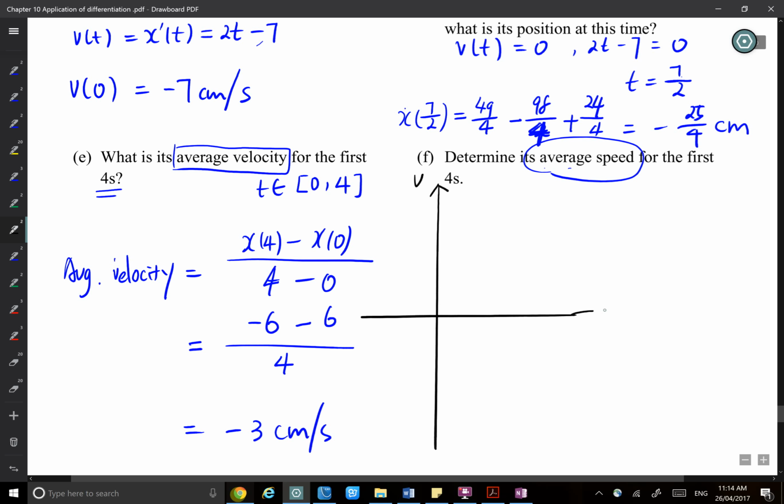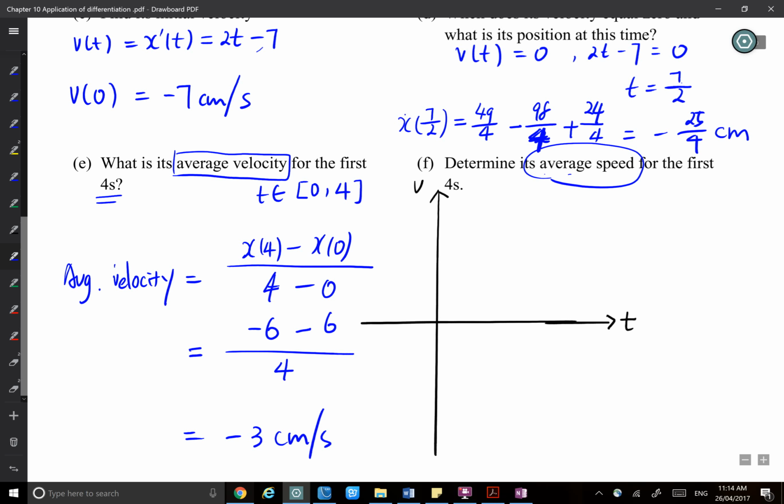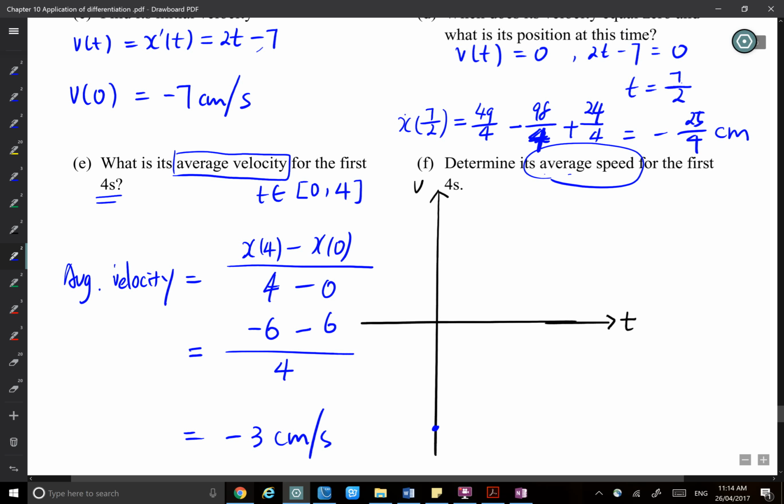At t equals 0, the velocity is 0 minus 7, negative 7, and the velocity is zero at t equals 3.5. Okay, so I have this graph. That's 0, negative 7, and here is 7 over 2, 0. That's the vt graph.